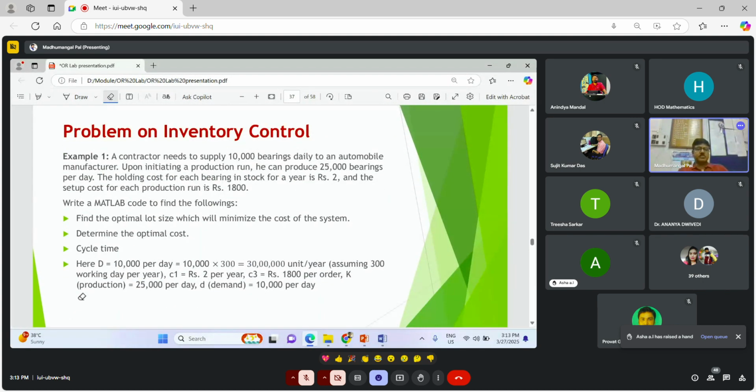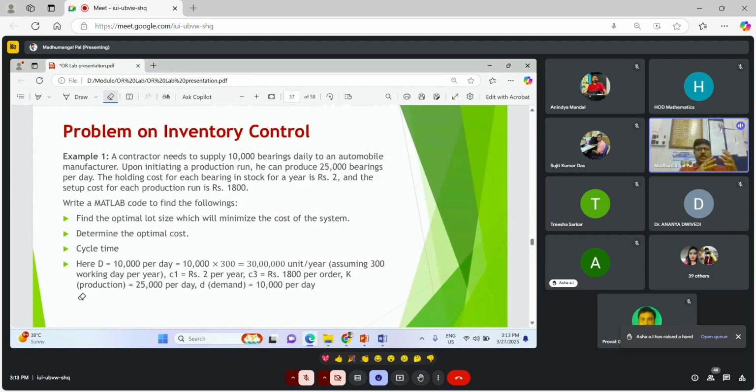Now I am coming to another kind of problem: problems on inventory control. Inventory control means the management of goods stored in your storage space or storage building.